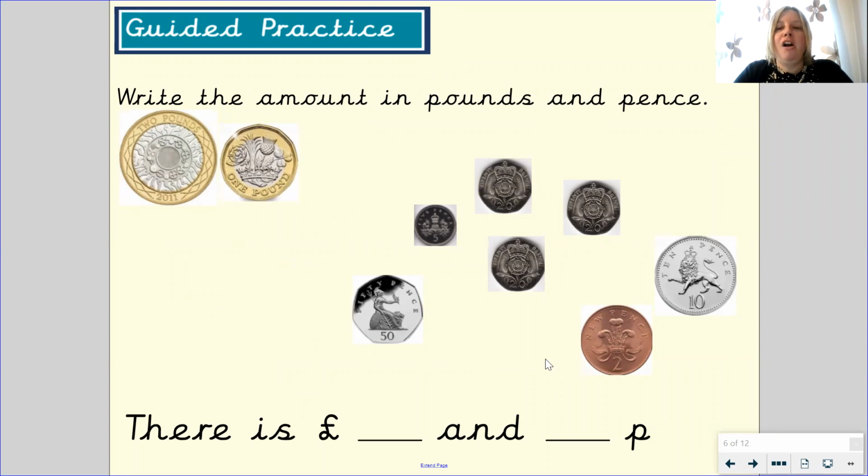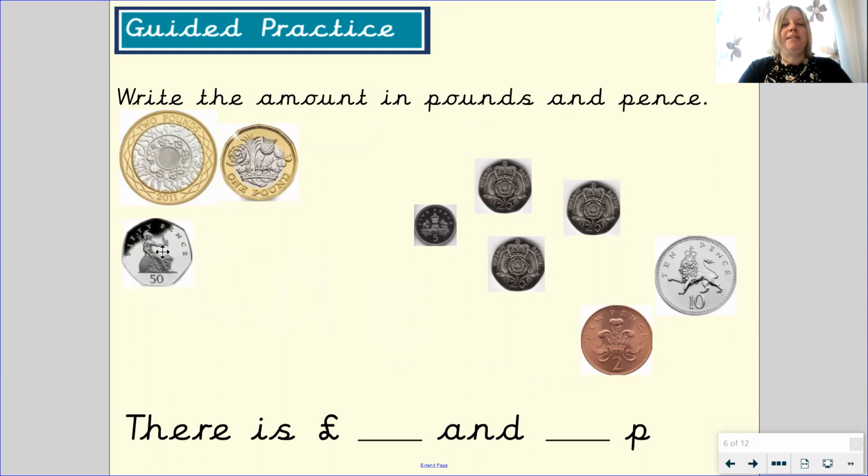So we need to try and make 100 pence to see if we can make any more pounds. So I'm going to take the coin that is worth the most, that has the biggest value. So I'm going to take my 50 pence coin.